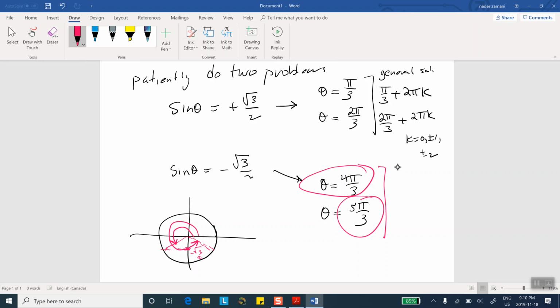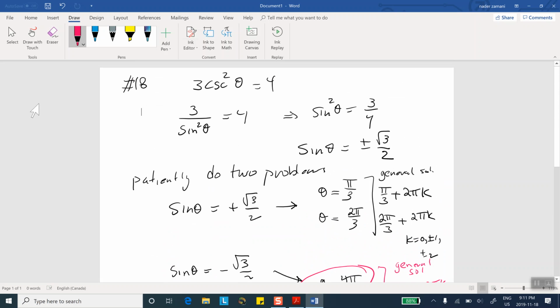And the general solution is 4 pi over 3 plus 2 pi k and 5 pi over 3 plus 2 pi k, k equal to 0, plus minus 1, plus minus 2, etc. Okay. Yeah, that takes care of this number 18.